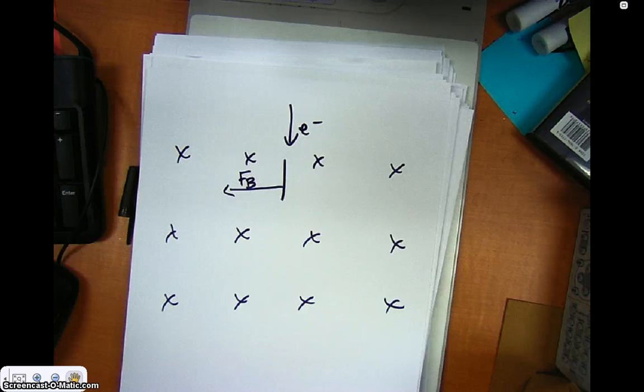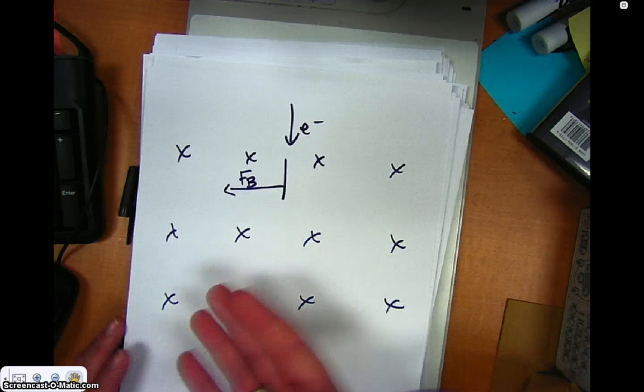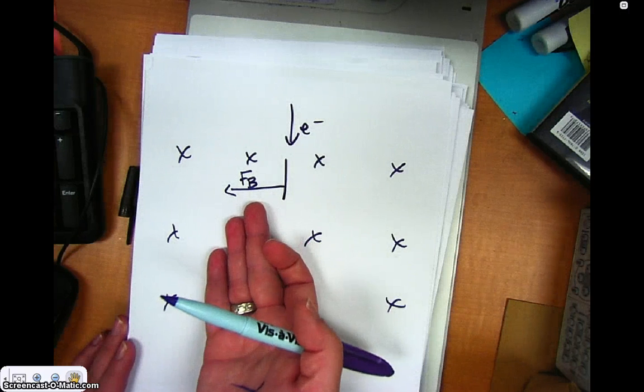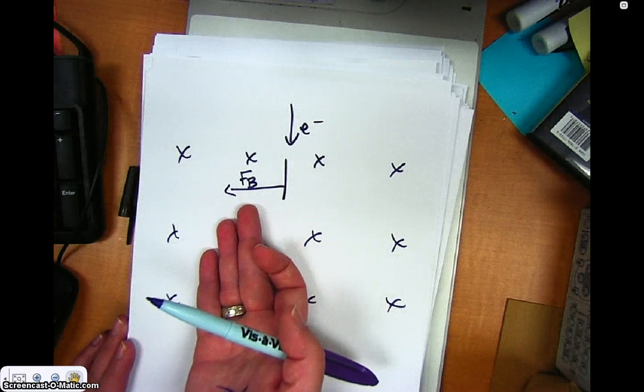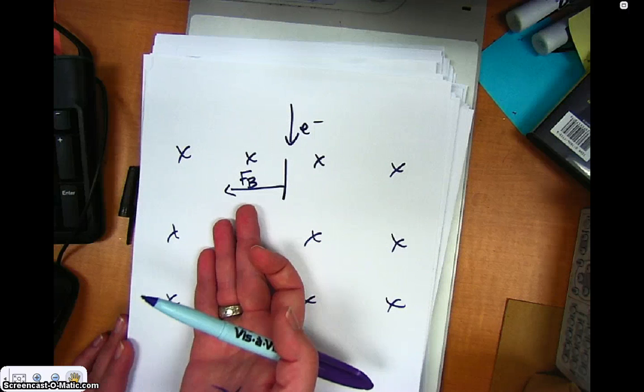In order for it not to turn or accelerate, the sum of all forces would have to be equal to 0, or it would be in equilibrium. So could we set up an electric field such that the force on the charge would balance out this magnetic force?